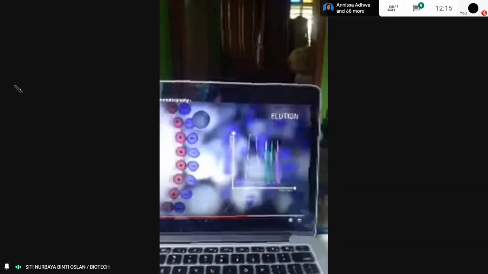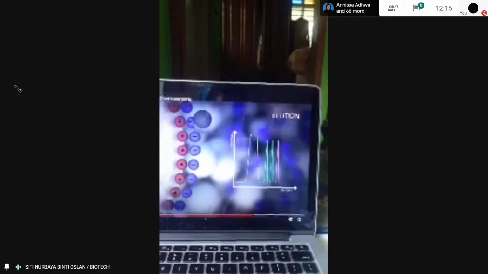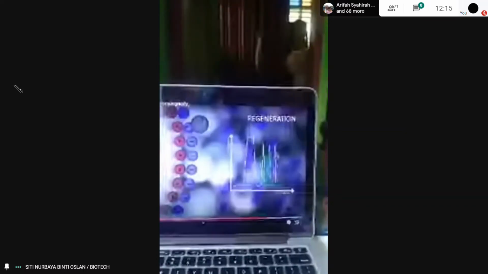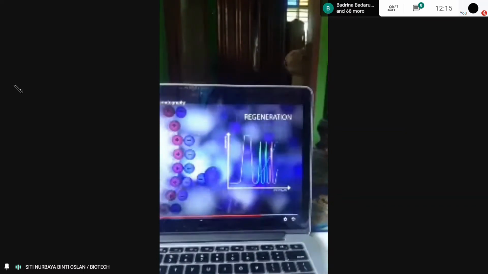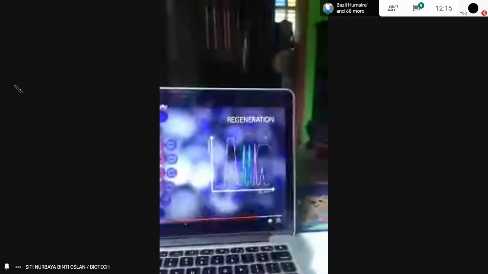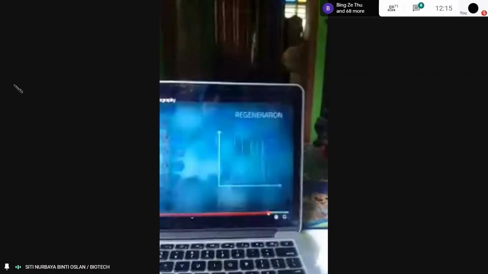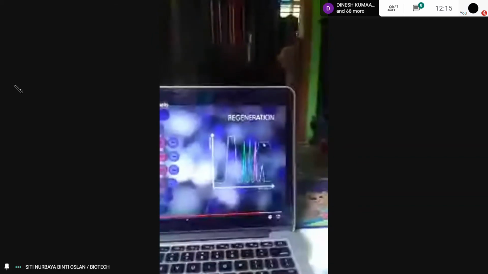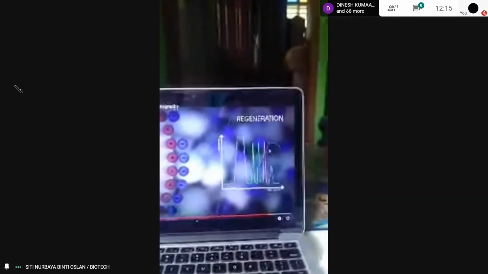Last but not least, you see, this is the strongest one. That's why it will come out later. Once we have put the higher concentration, then it is out. So this is the regeneration section, where we have applied the highest concentration of the salt.